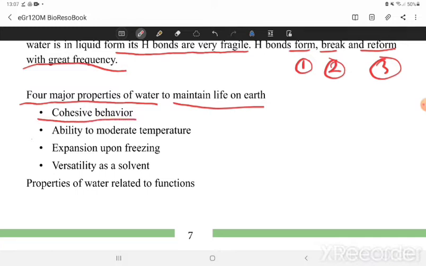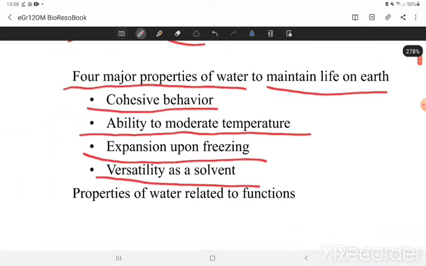Number 2, the ability to moderate temperature. Number 3, expansion upon freezing. Number 4, versatility as a solvent. These can come for structured essay questions, so please remember them.